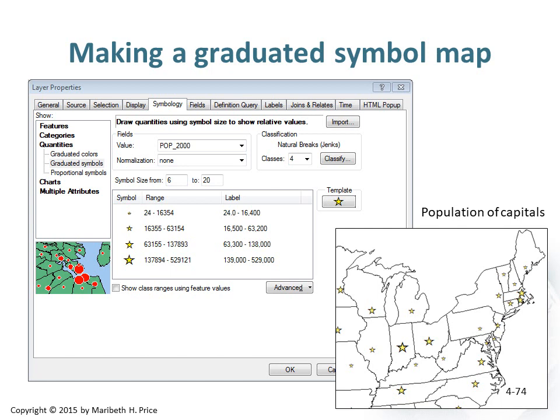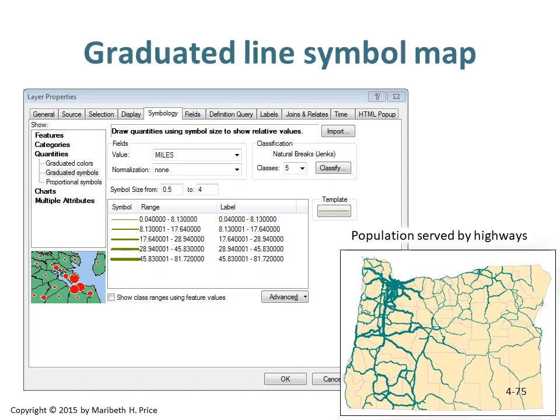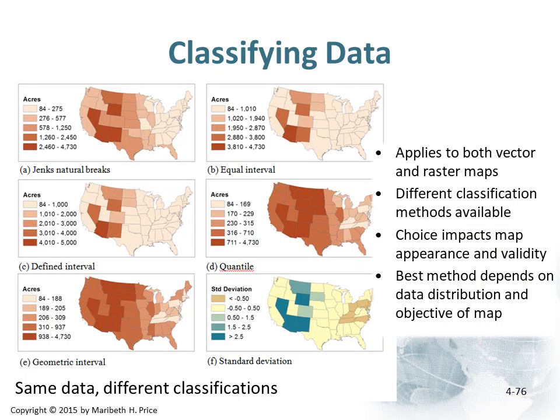You can select things that you want for graduated symbols, determine the number of classes, and determine the maximum size and the minimum size you want on your symbols so that it divides them up in between. Or if you're talking about lines instead of symbols, you can control that as well. You can go in and apply some of those classification techniques to classify your data.